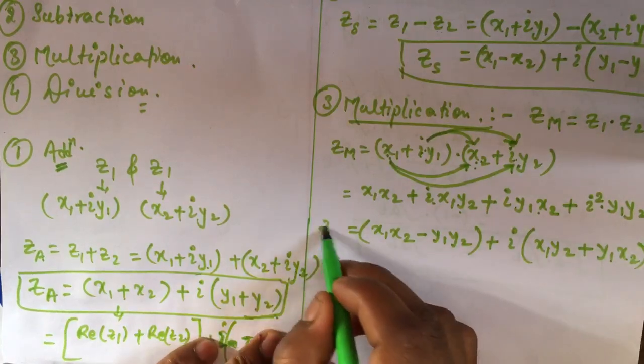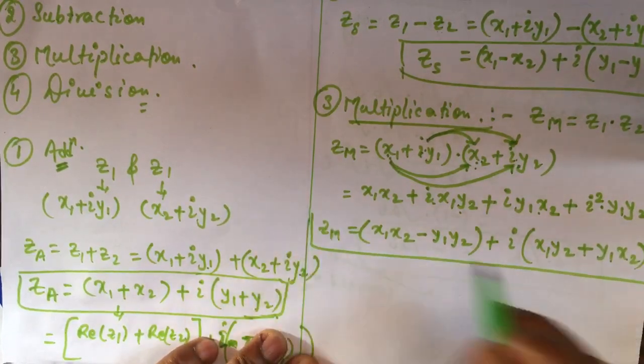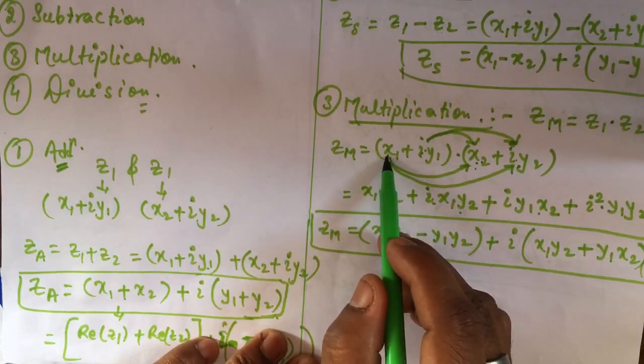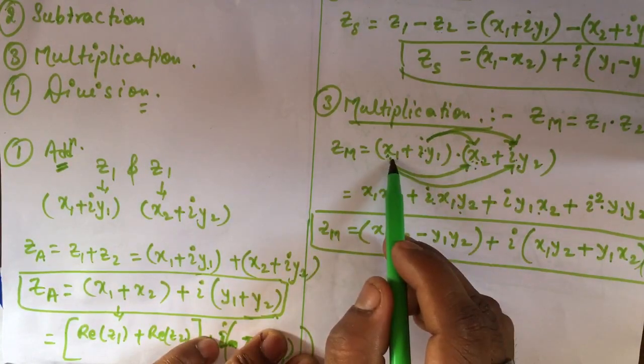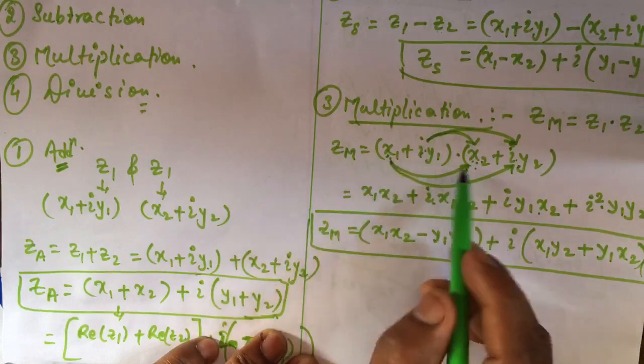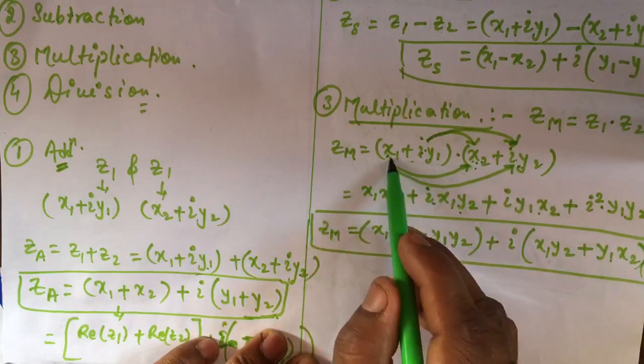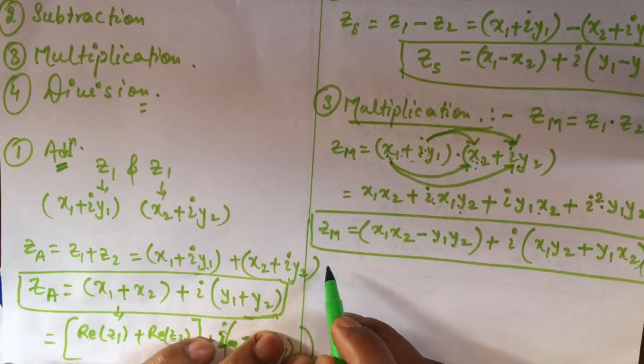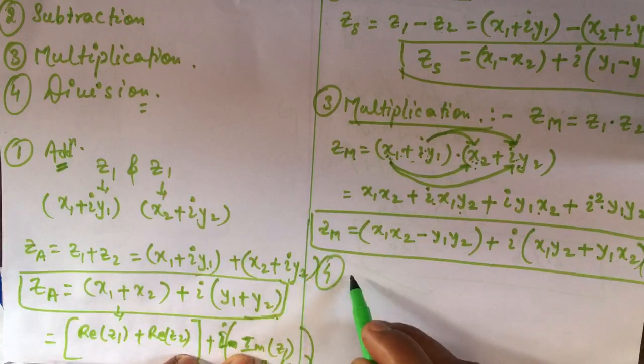This is the multiplication result. So you can see the result of this multiplication equation is x1 x2 minus y1 y2, plus i times x1 y2 plus y1 x2. So now the fourth one is division.